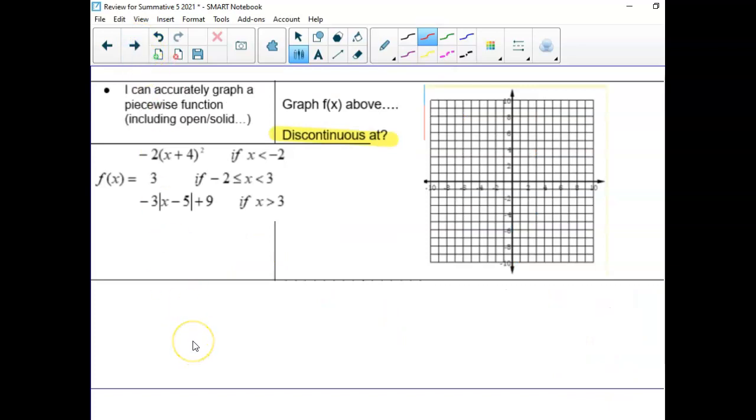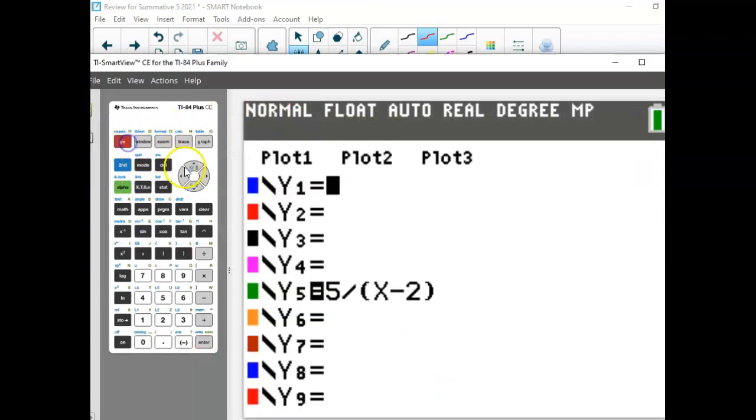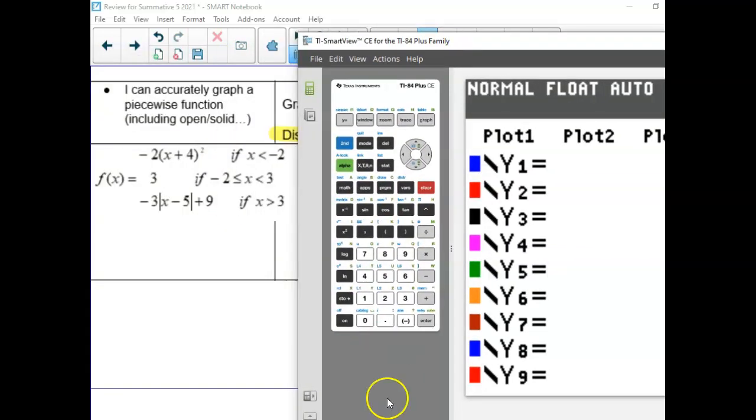All right. We are to accurately graph this mess. What are the 3 shapes we're looking at? Well, let's put it in our calculator because I think that's the way some of you are going to want to go. Go to y equals and type all 3 of those in. -2 parenthesis x plus 4, quantity squared.